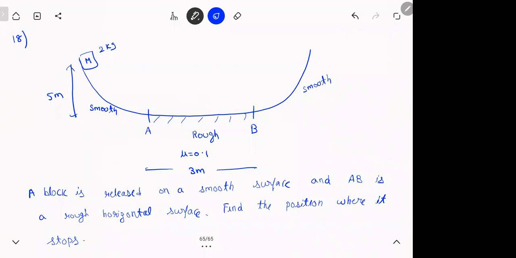Let's see. Now tell me one thing. When you are sliding, where do you lose all your energy? You never lose energy on the smooth surface. You lose energy all on the rough patch.